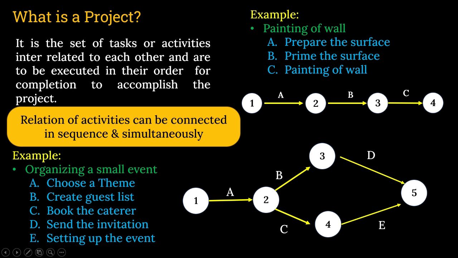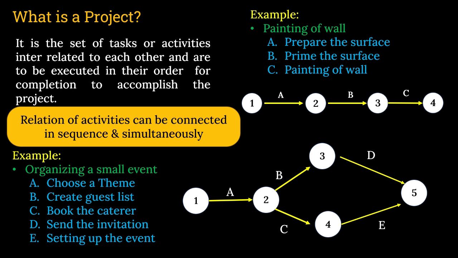In this example, you can see that 2 tasks are getting started simultaneously. Once A is completed, that means the theme is chosen, he can start preparing the guest list and also start talking to the caterer. By the time these 2 are completed, then D and E will start.